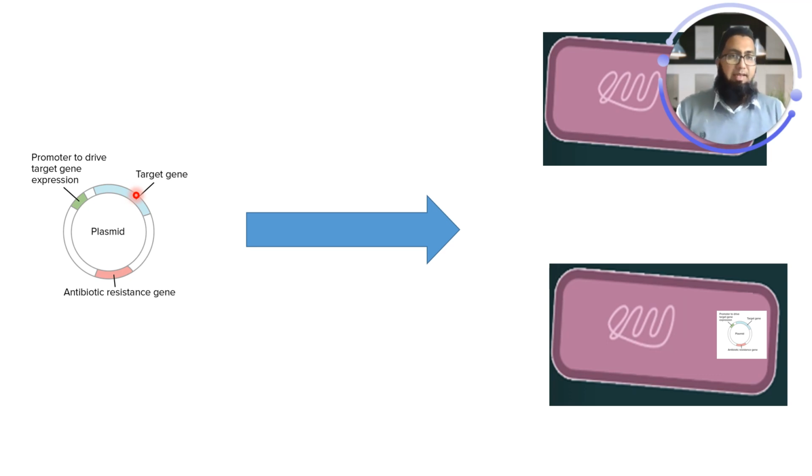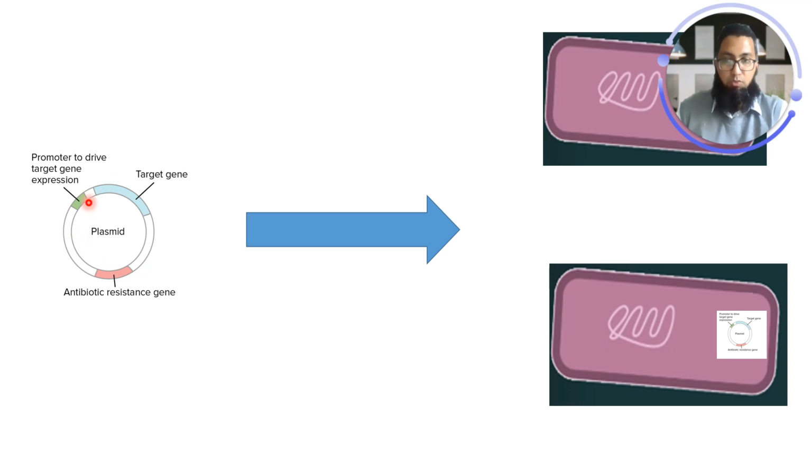Let's assume that it is foreign. So this is our foreign target gene. This is our desired gene. So this whole plasmid here is recombinant because it's got this extra gene from another organism, maybe a human insulin gene.